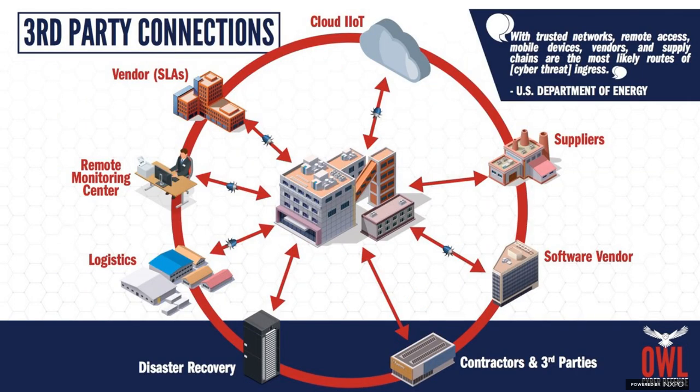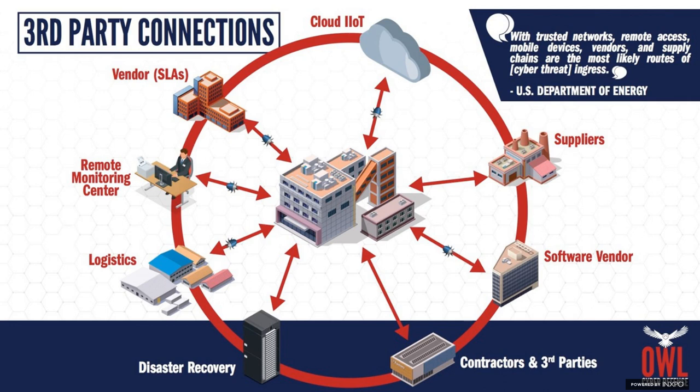So if you look at your facility and you think about those entities, those parties that need access. Maybe you're pushing something out to the cloud. You've got suppliers providing equipment, updates. You have software vendors sending in patches that may need to be implemented. Maybe you've got contractors or third parties, disaster recovery solutions, just general logistics for plant operations.